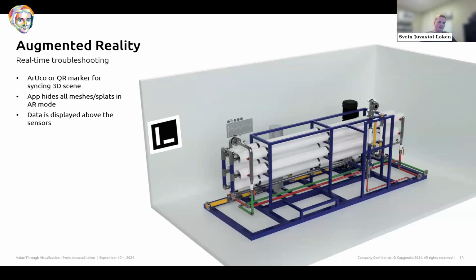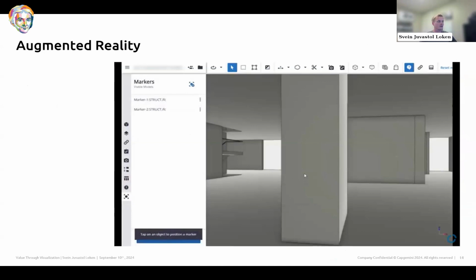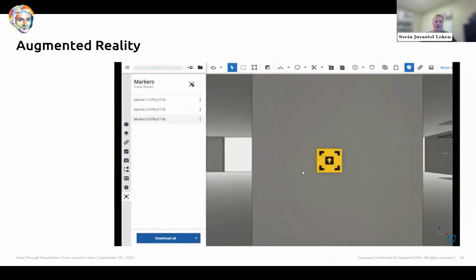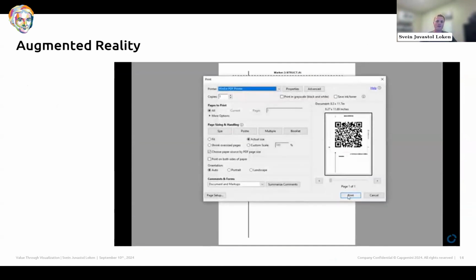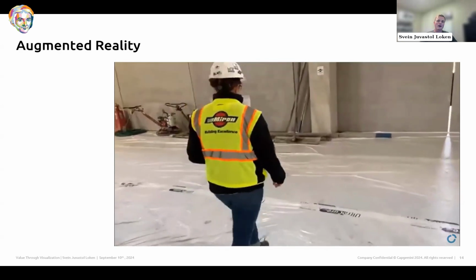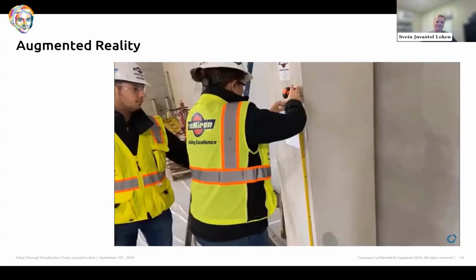And it's difficult to explain, so I will just show a video from somebody that made something for BIM, for the building market. And you can see here they need to create a QR code in the 3D. Then you print it out, and you have to get it into the correct place in the building.